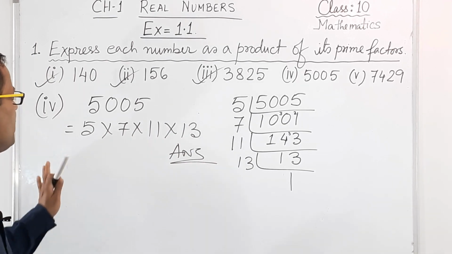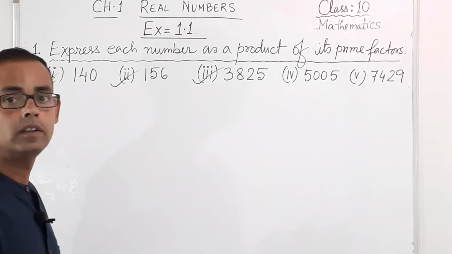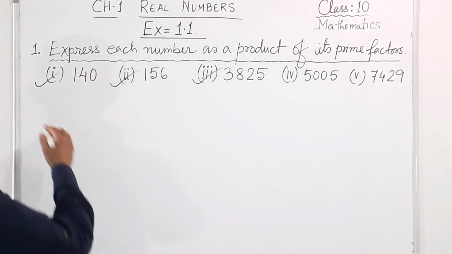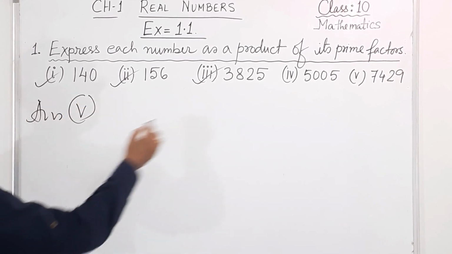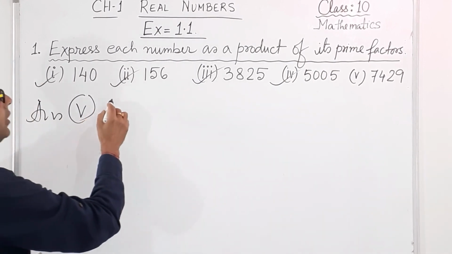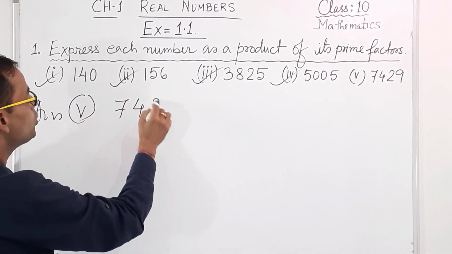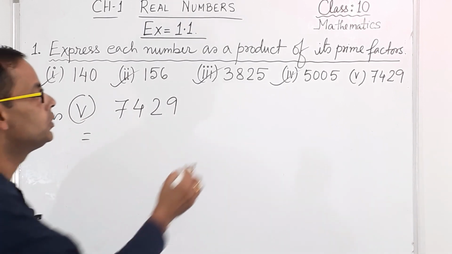Clear? Very, very easy. Now we will move on to the next sum. Now the last sum, that is answer Roman 5. Because 4 we have finished. Now Roman 5. 7, 4, 2, 9. So this will go with what? Let us do.